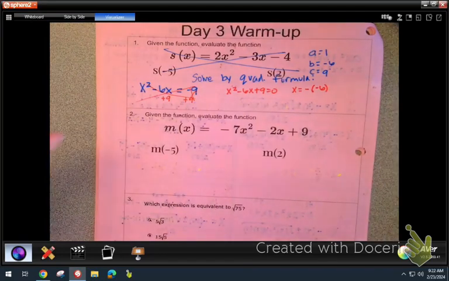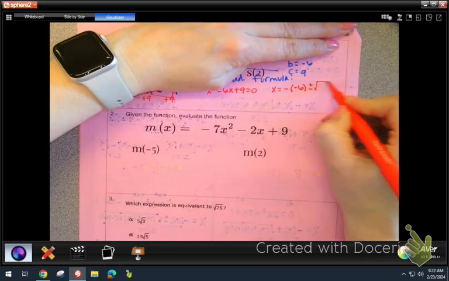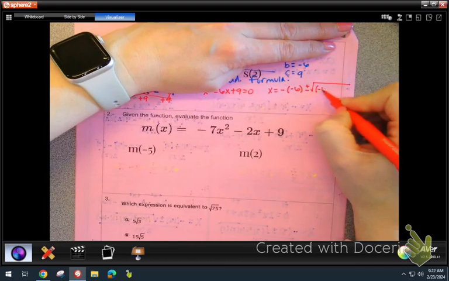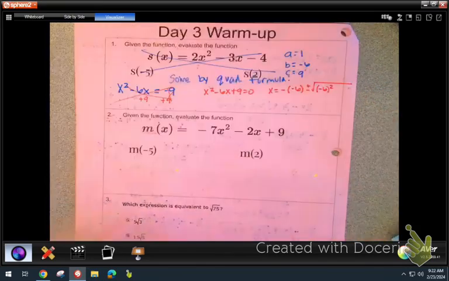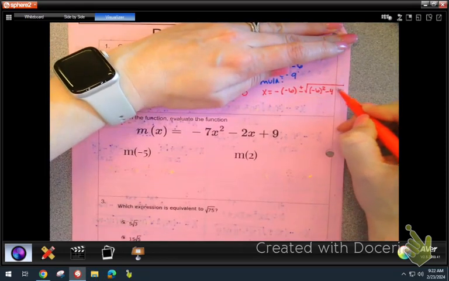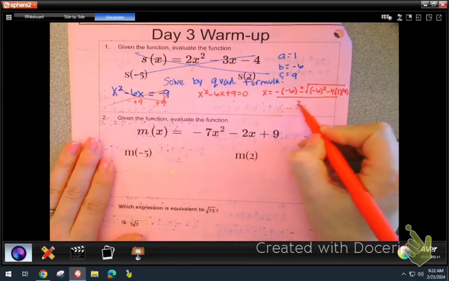And always plug in a, b, and c in parentheses. Plus or minus square root of b squared. What's my b again? Where does the squared go? Outside the parentheses. Minus 4 times a times c all over 2a.